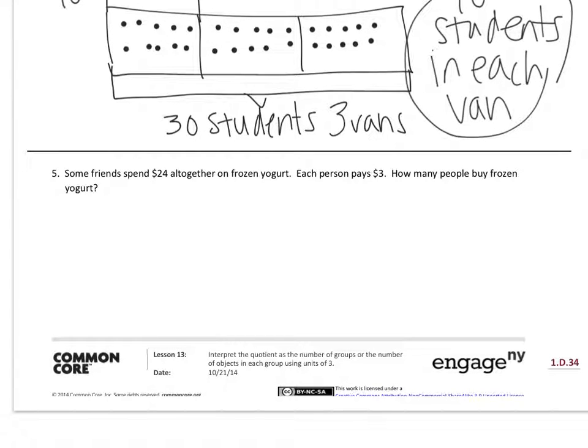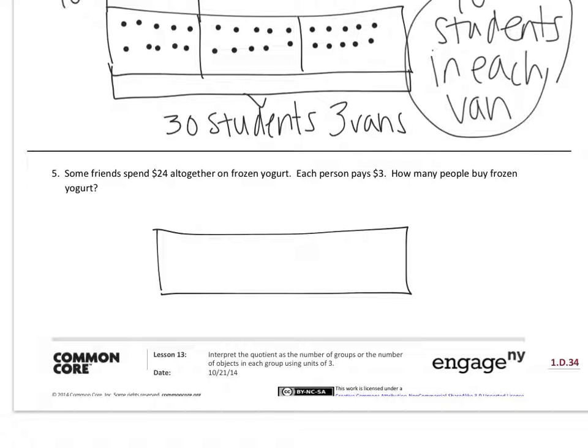Alright, last problem. Some friends spend $24 altogether on frozen yogurt. Each person pays $3. How many people buy frozen yogurt? Again, I'm going to use a tape diagram just because that's what we've been practicing. You can choose whichever method works best for you.